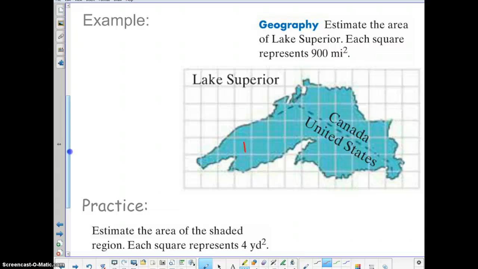So I would say 1, 2, 3, 4, 5, 6, 7, close enough, 8, 9, 10, 11, 12, 13, 14, 15, 16, 17, 18, 19, 20, 21, 22, 23, 24, 25, 26 so far.